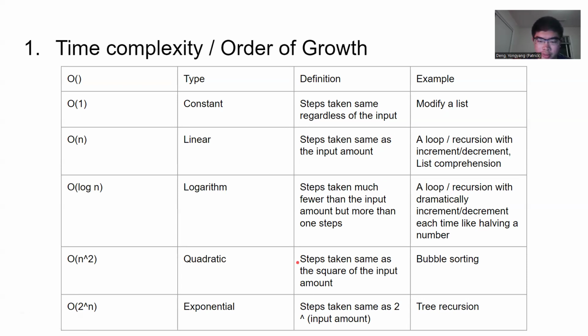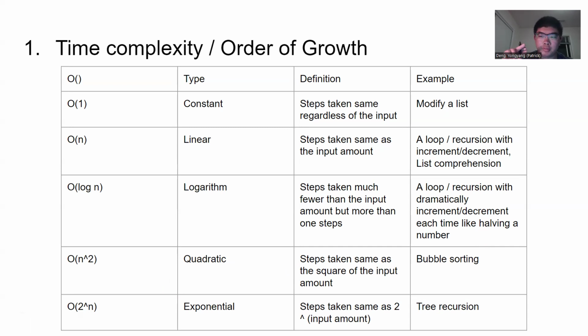For quadratic, I will have bubble sort as an example. I have nested for loops or while loops, and their counters vary depending on the input amount.